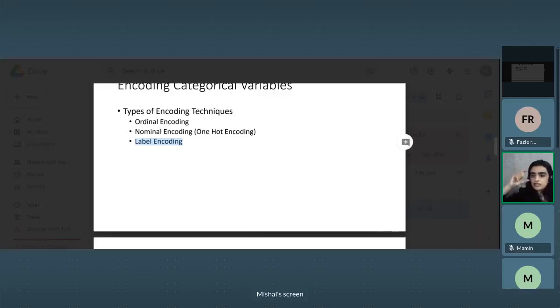If we need to convert that label, we apply neither one hot encoding nor ordinal encoding. For this, scikit-learn has introduced a separate encoder known as label encoder, specifically for the output column, and with its help we will convert the output column.